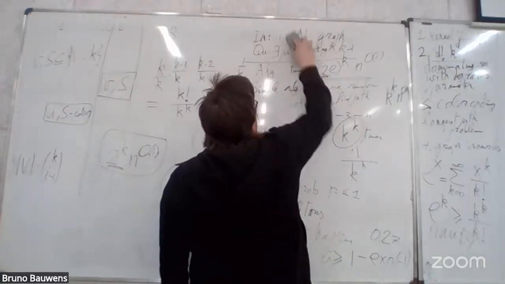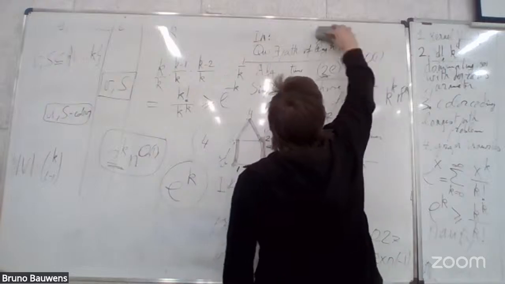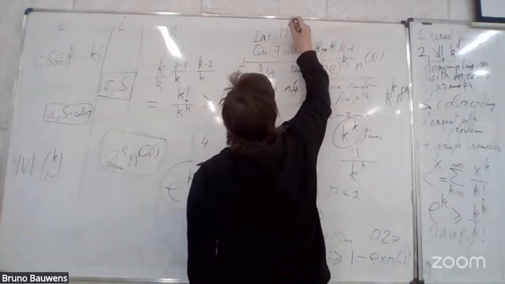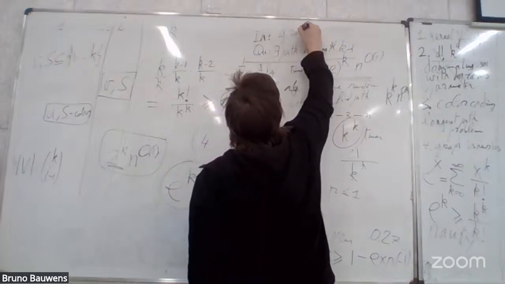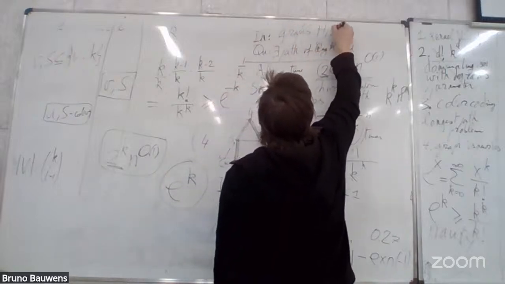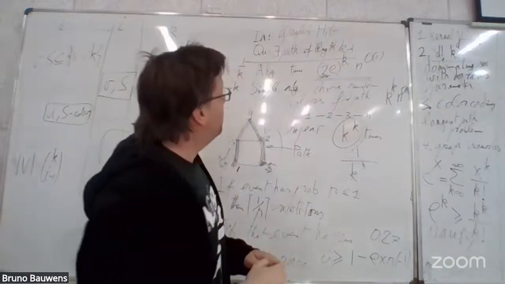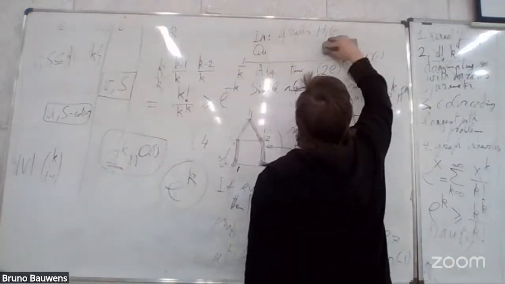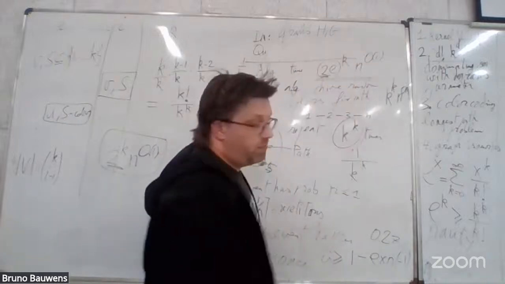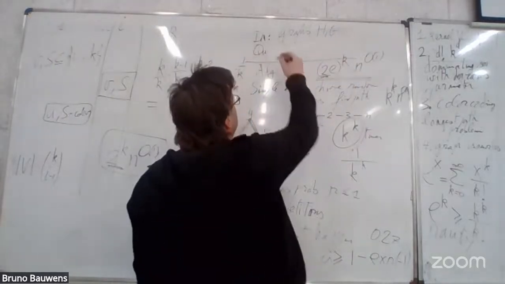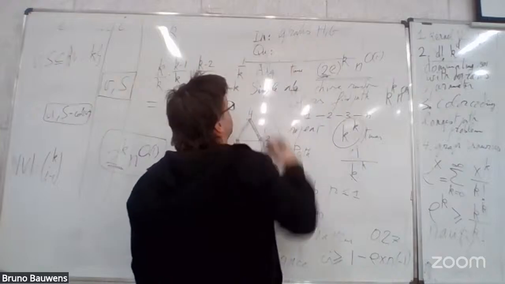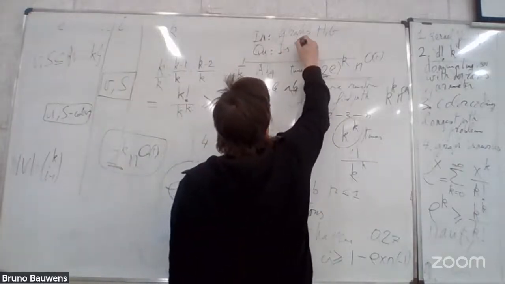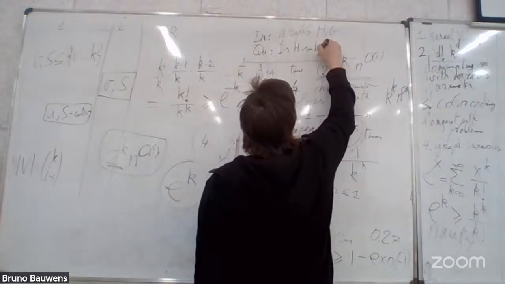The input is two graphs, H and G. And the question is, is H a subgraph of G? Not an induced subgraph, so there can be extra.